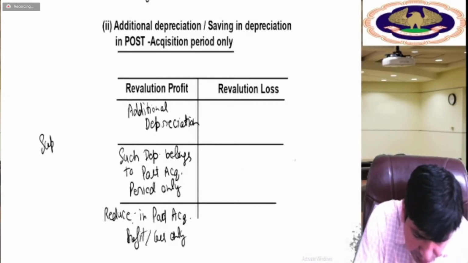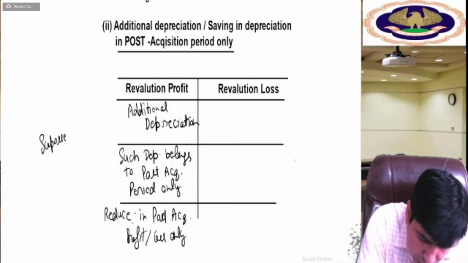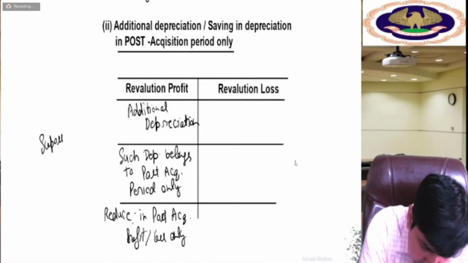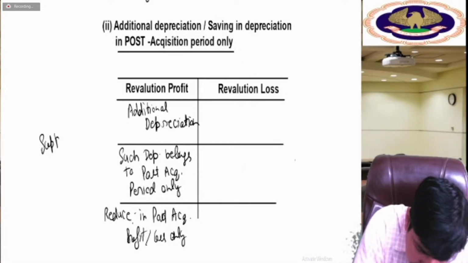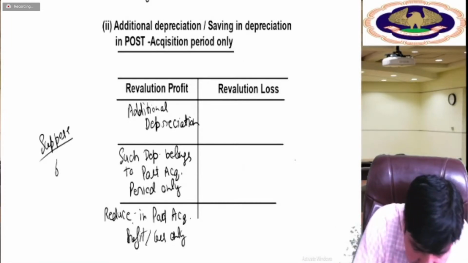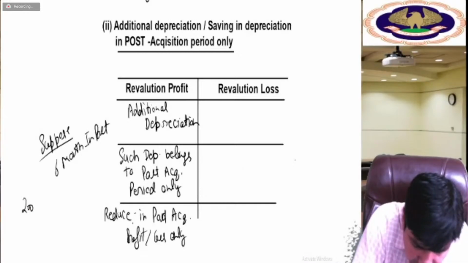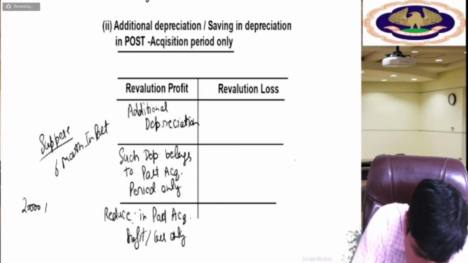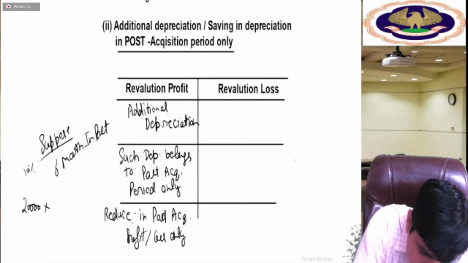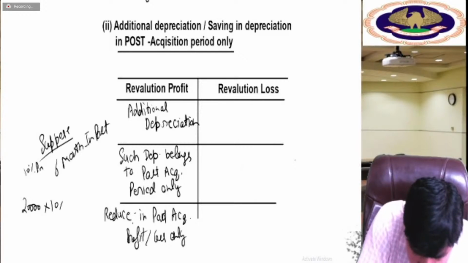Suppose 6 months in post acquisition. In that case, what will be your amount of depreciation? 20,000 multiplied by 10% per annum, multiplied by 6 divided by 12, that comes out 1,000 rupees.